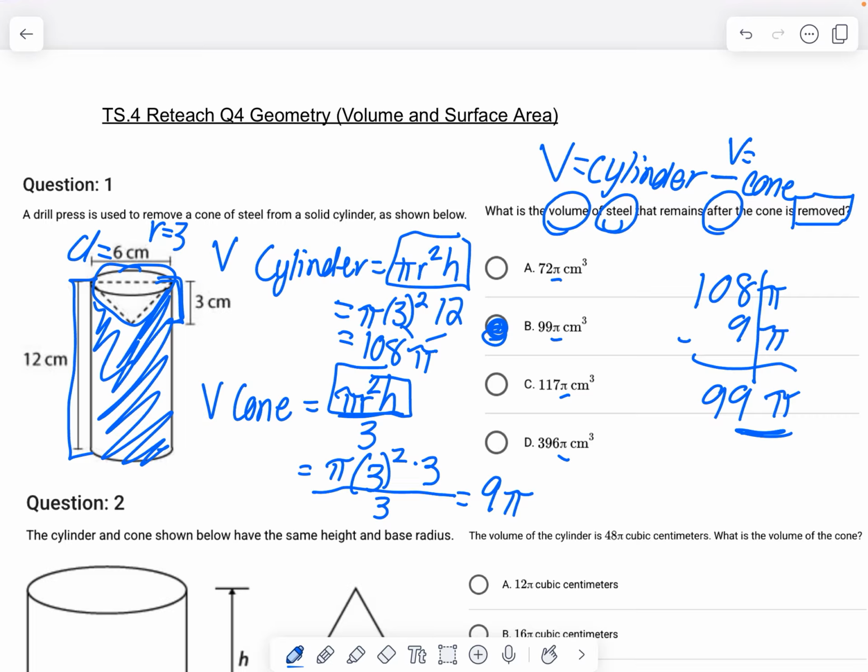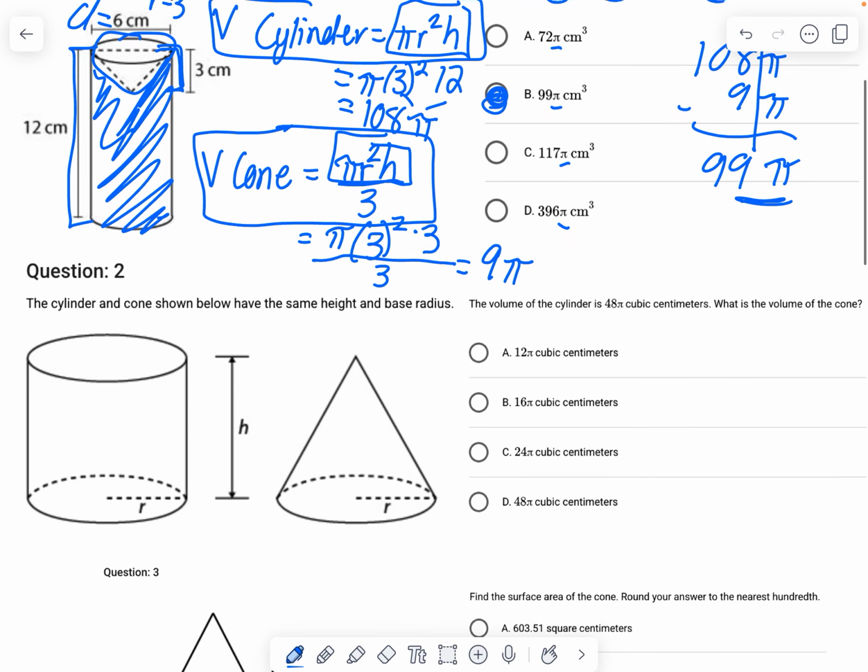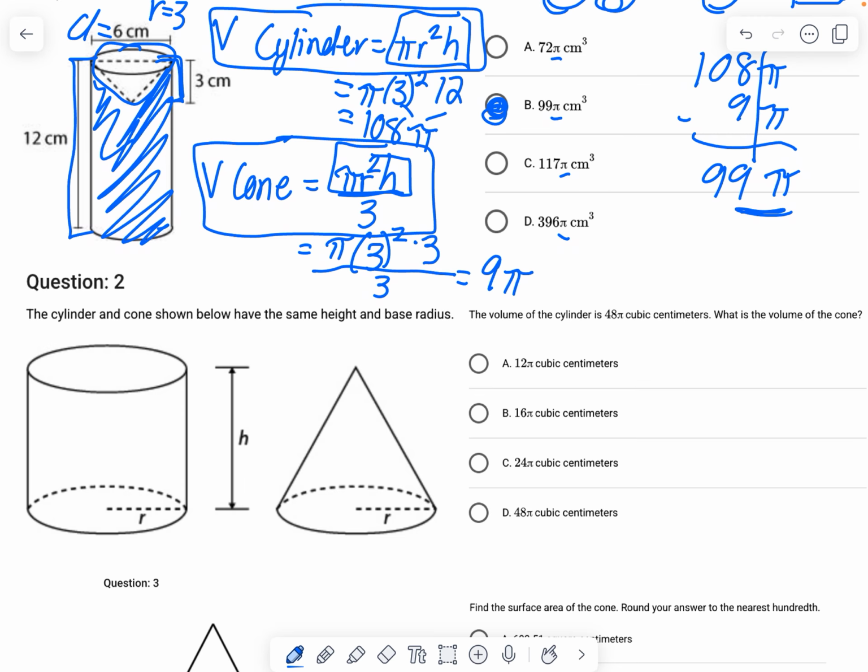So we're going to use those two formulas, actually. This cylinder formula and the cone formula for number 2. So number 2 says a cylinder and a cone shown below has the same height and same radius. Okay. The volume of a cylinder, so the volume of this guy, the first one, is 48 pi.